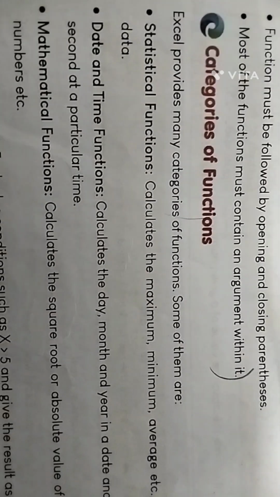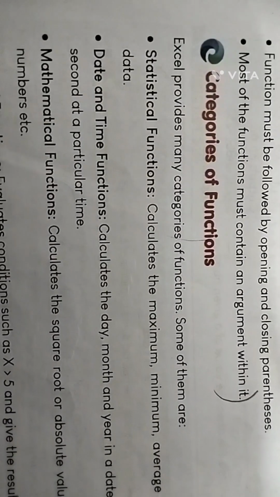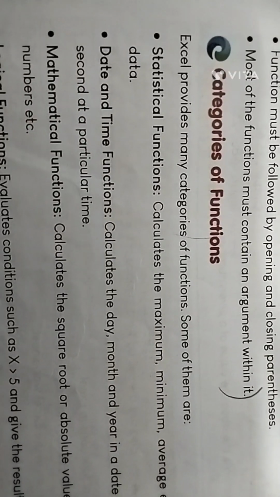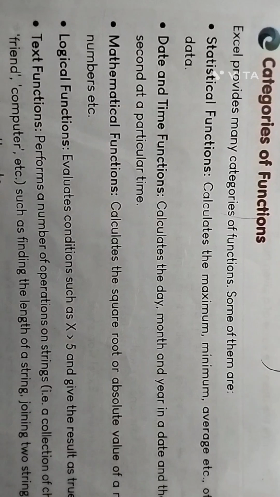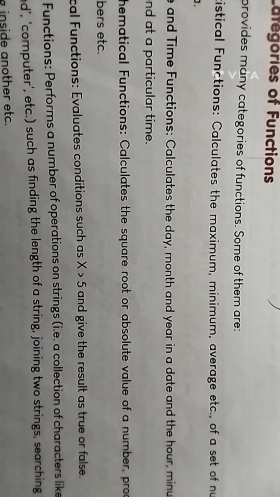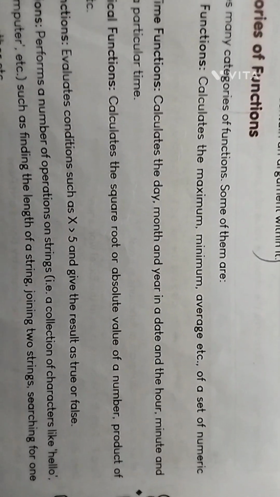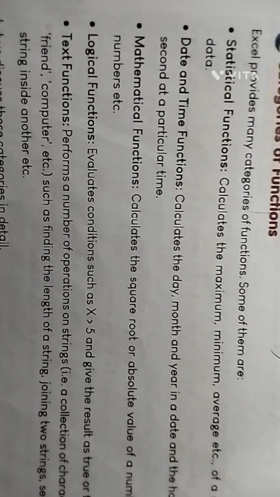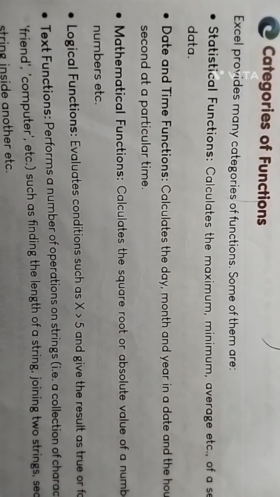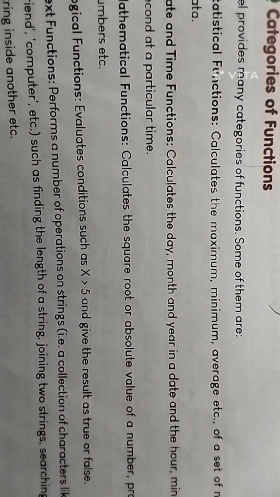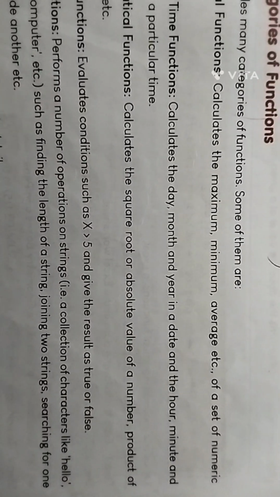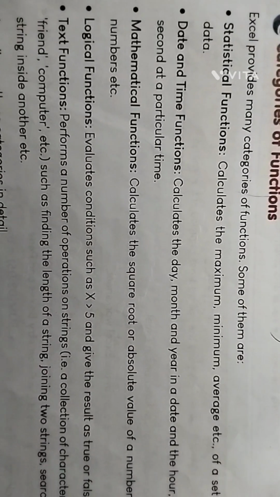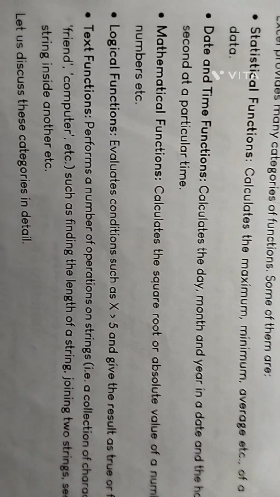Categories of functions. Excel provides many categories of functions. Some of them are: Statistical functions calculate the maximum, minimum, average of a set of numeric data. Date and time functions calculate the day, month and year in a date, and hours, minutes and seconds at a particular time.